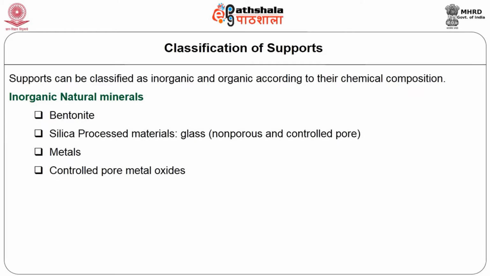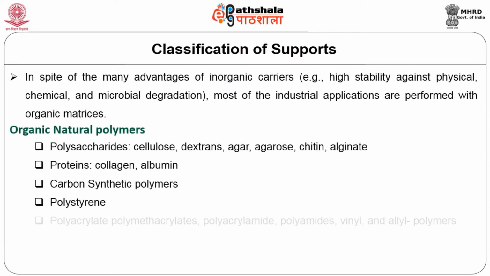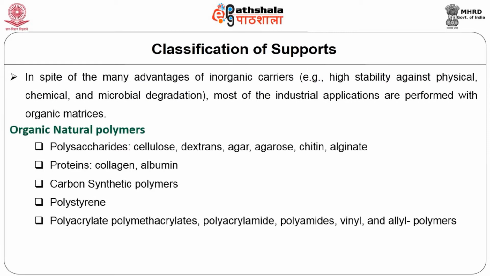Supports can be classified as inorganic and organic according to their chemical composition. In spite of the many advantages of inorganic carriers, that is high stability and resistance to microbial degradation, most of the industrial applications are performed with organic matrices.